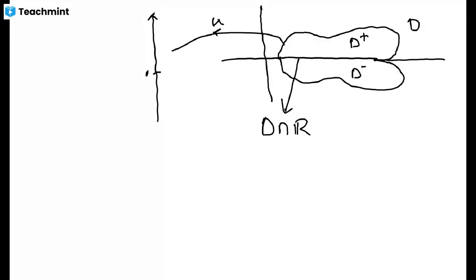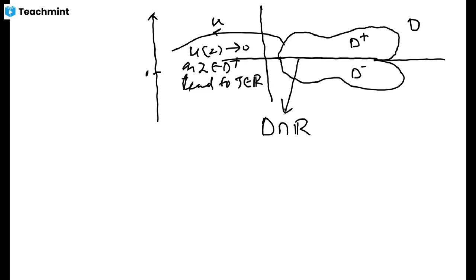And if you have such a situation, and also besides being harmonic on this D plus, u(z) goes to 0 as z from D plus tends to any point in this real line in this segment.